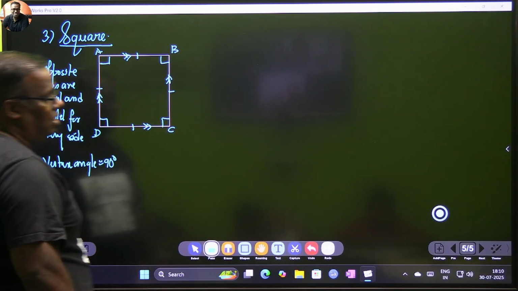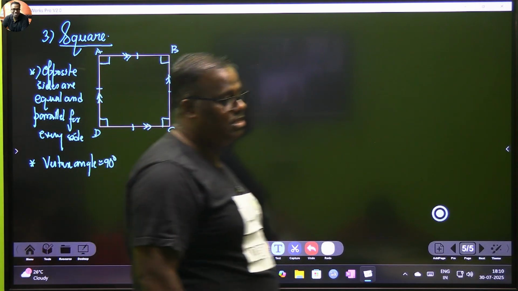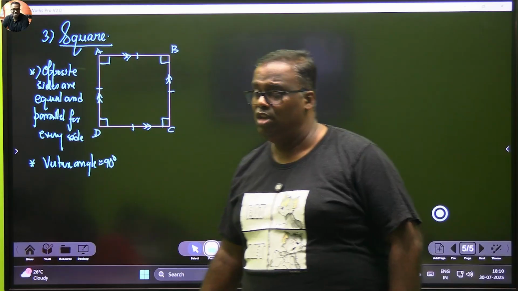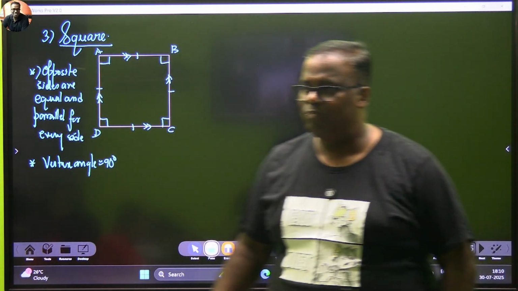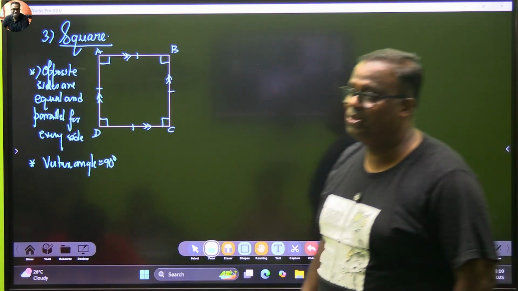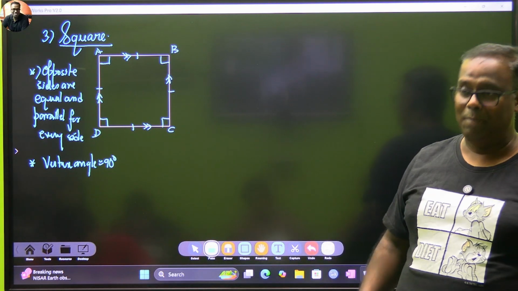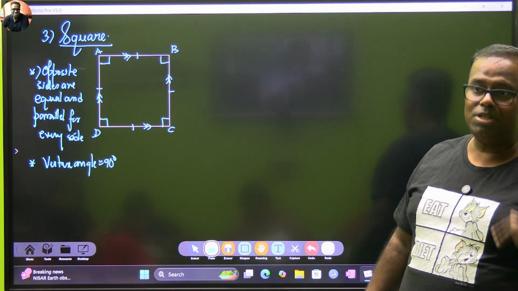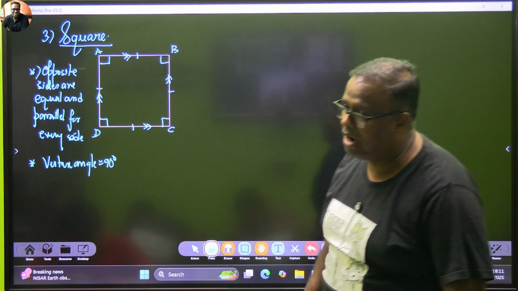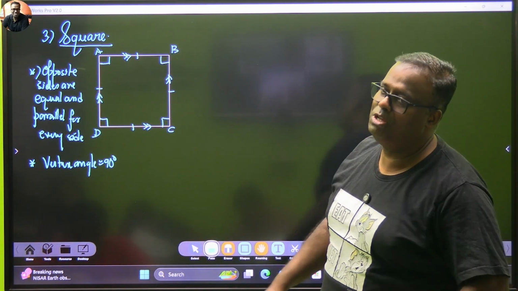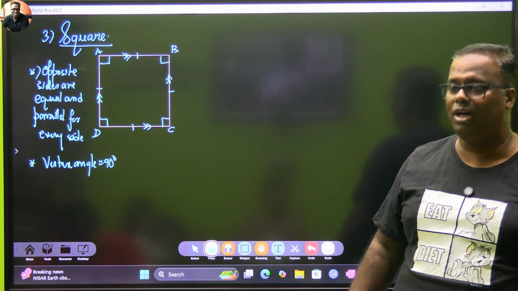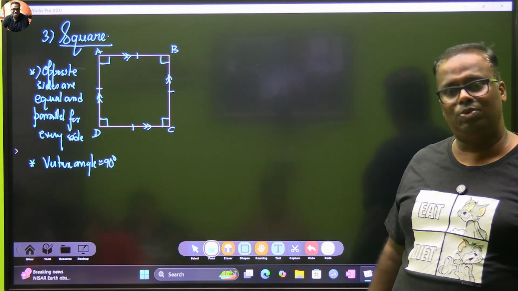Right? That means some very interesting observations will come up here. If I compare this with a rectangle, every square is a rectangle, but every rectangle need not be a square. Because to form a square, the necessary and sufficient criteria is that not only should you be parallel, all 4 sides should be equal, and that is where the rectangle will fail, because the rectangle has a length and a breadth, where length and breadth are not equal to each other.